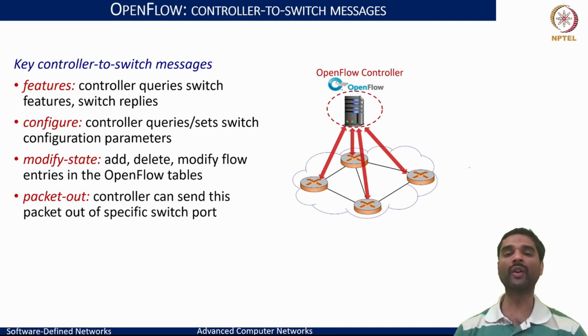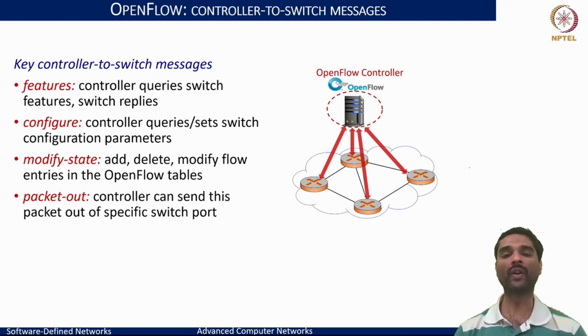And also there is a configure aspect where the controller can configure the ports of the switch, especially when you want to configure specific ports to be active or inactive, you want to bring down specific links, or want to set some VLAN attributes for particular switches. Those can all be done through the configure message.